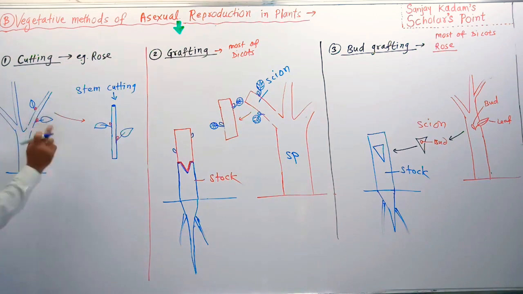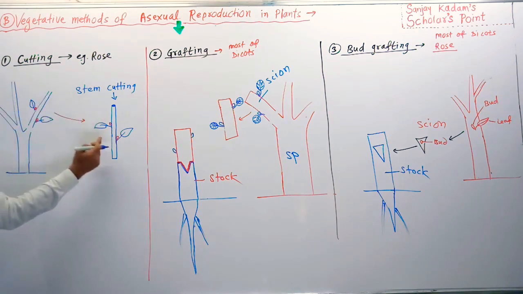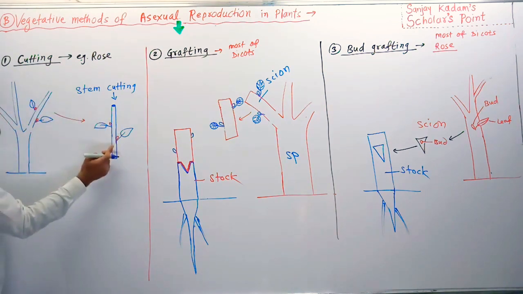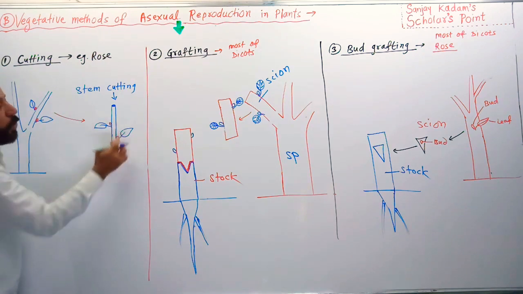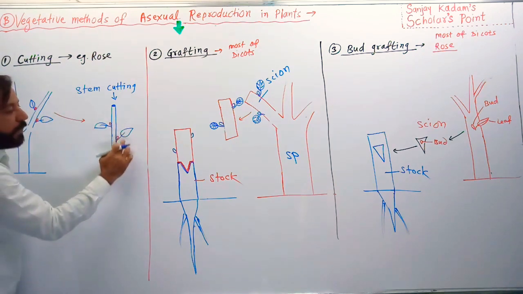Now the stem portion or part taken from a healthy rose plant having one or more buds, then this stem part is cut from the parent plant like this. It is separated having two buds along with leaves.